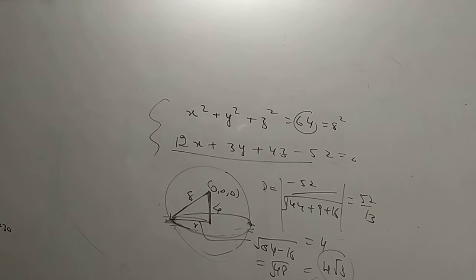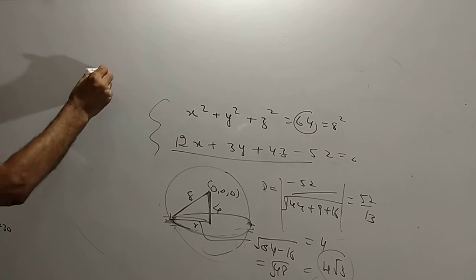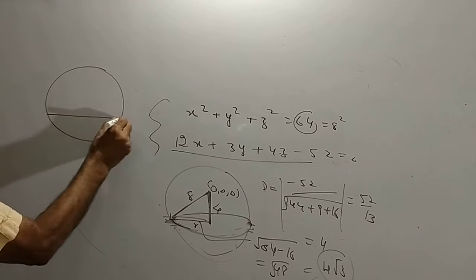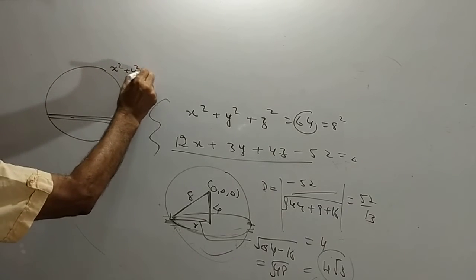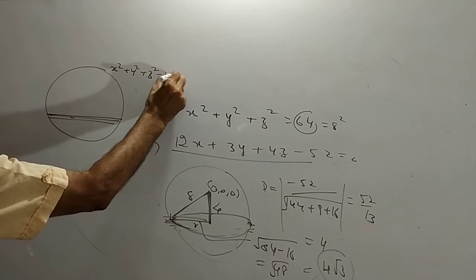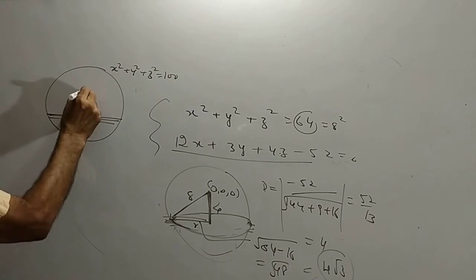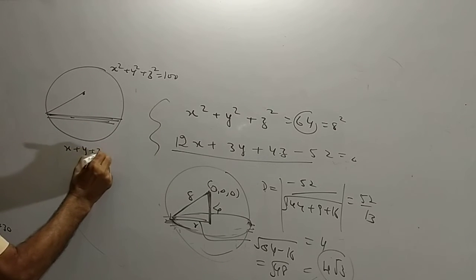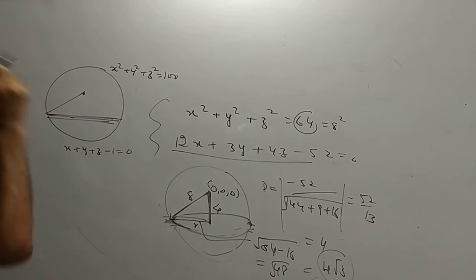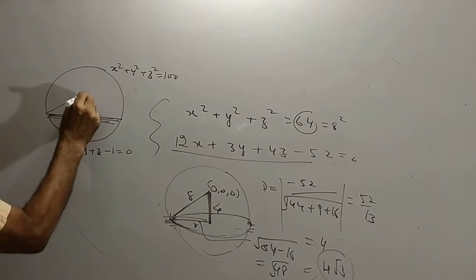You have to find the radius of a circle where a sphere is given and a plane is given. Now suppose the sphere is x square plus y square plus z square is equal to 100, and the plane equation is x plus y plus z minus 1 is equal to 0. Then what is the radius of the circle?